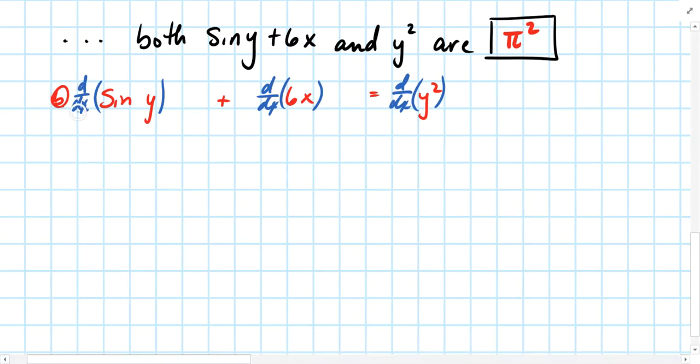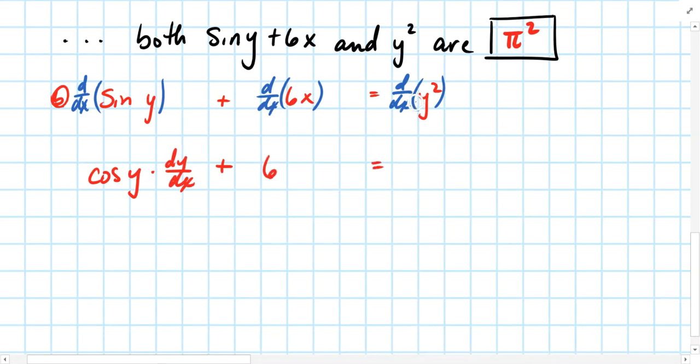The derivative of sine y with respect to x, these two variables differ, so I'll start with the derivative of sine y, which is cosine y. But since this variable differs from this variable, we've got to turn around and multiply by the differential, dy/dx. The derivative of 6x has the same variable as our differential, so we'll just take the derivative of 6x, which is just 6.